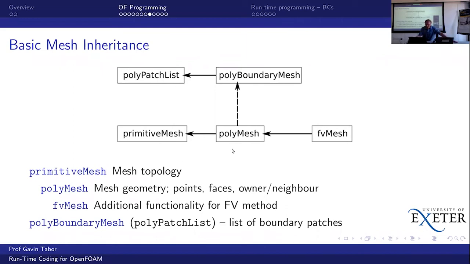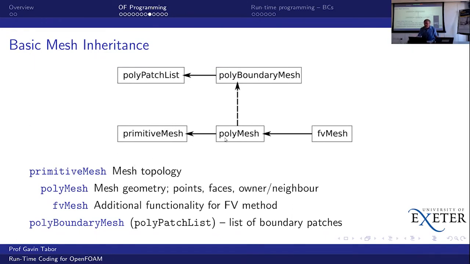So, this is a very crude inheritance diagram. It's not precise. I didn't pull it out of the documentation. I just put it in to give a sense of some of the relationships here. The basic mesh type is something called primitive mesh. That deals with the basic topology, what joins to what.